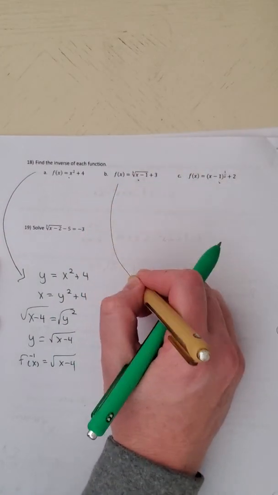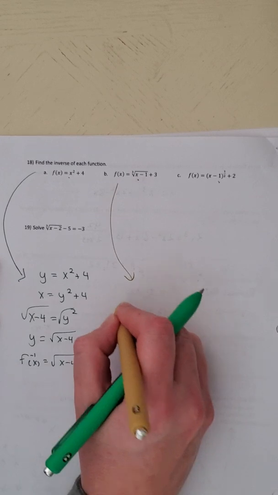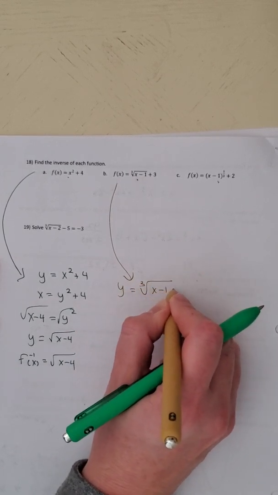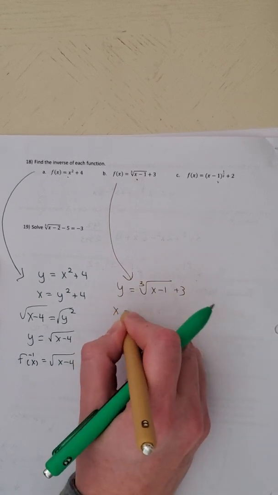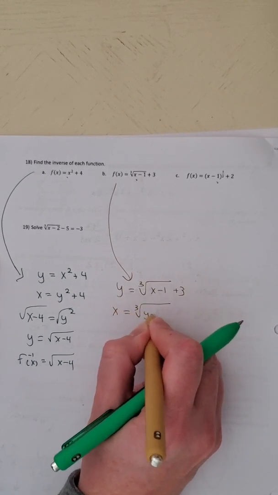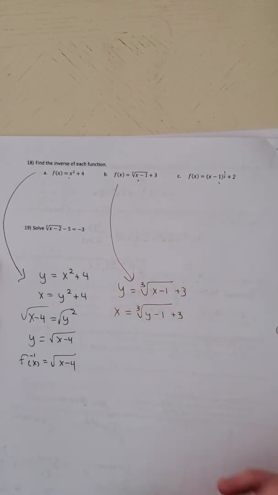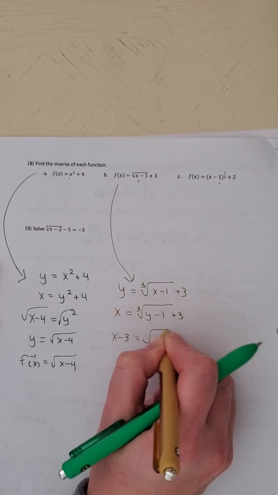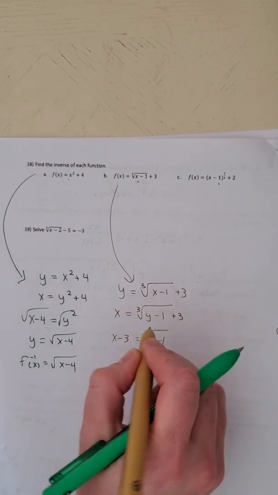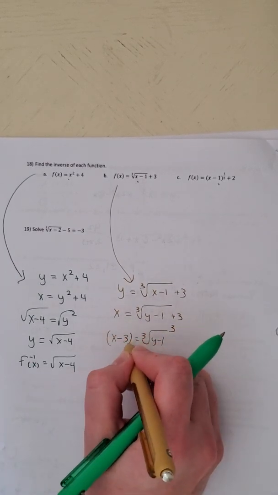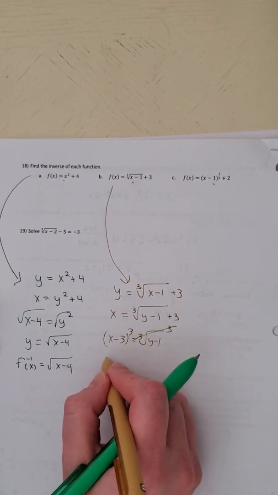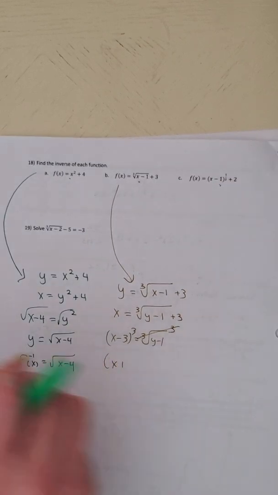All right, for the next one, y equals the cube root of x minus 1 plus 3. Switch x with y and solve for y. So subtract 3, cube both sides, not cube root. Cube both sides. Whoops, this should be a minus 3.